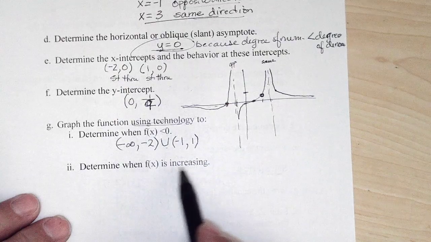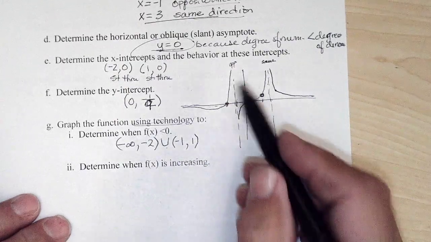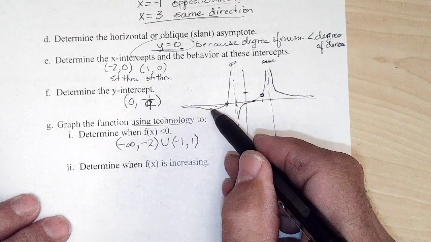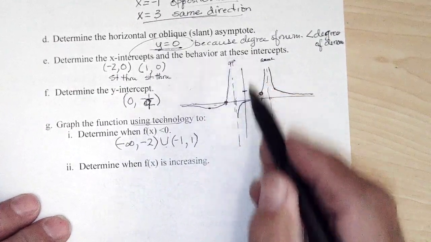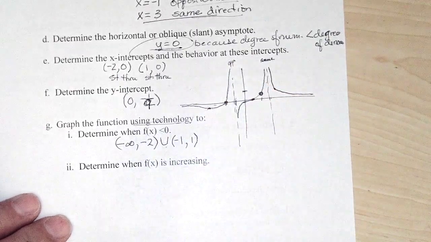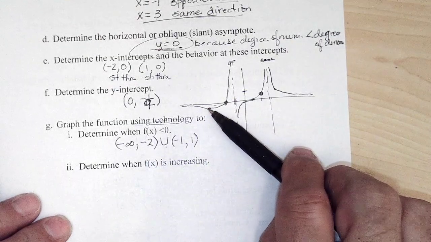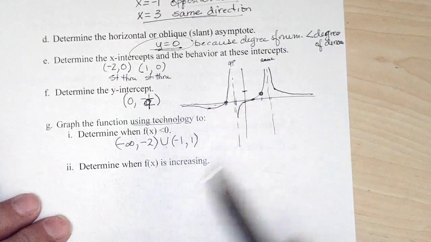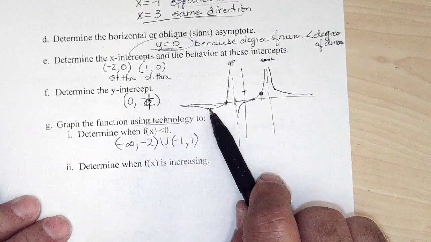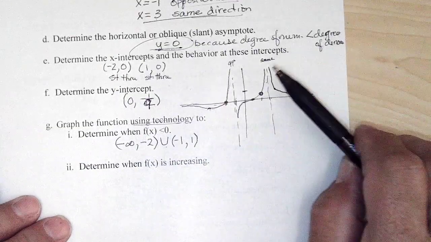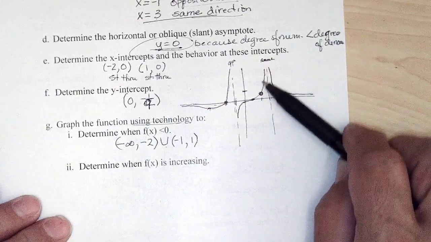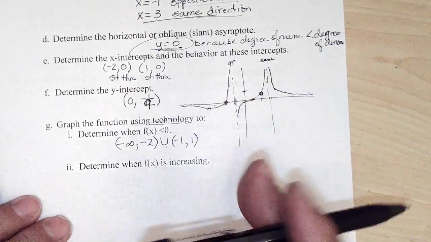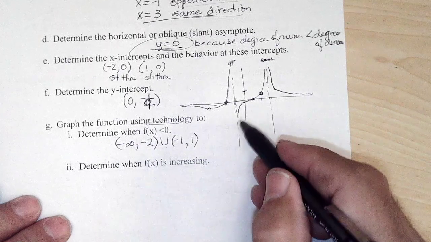And determine when it's increasing. Well, now we have to find that low spot in here because it increases from there on. So we have to figure out where that is. And I can't see that very well on the calculator. If you were in a calc class, there's another way to find that. It also increases for all of this except for the hole. So I can do this part.